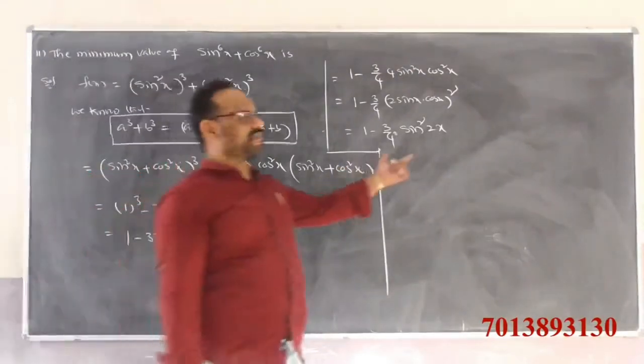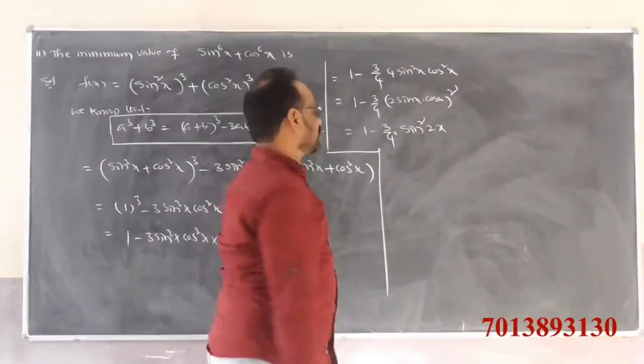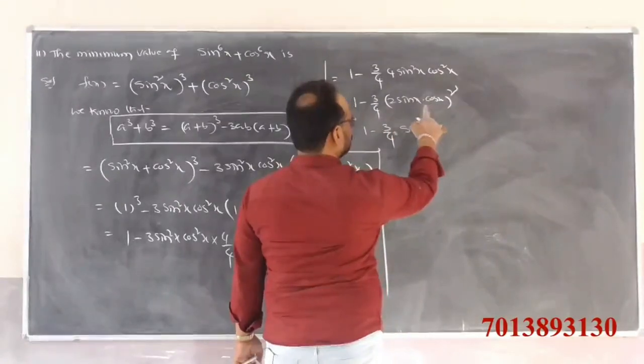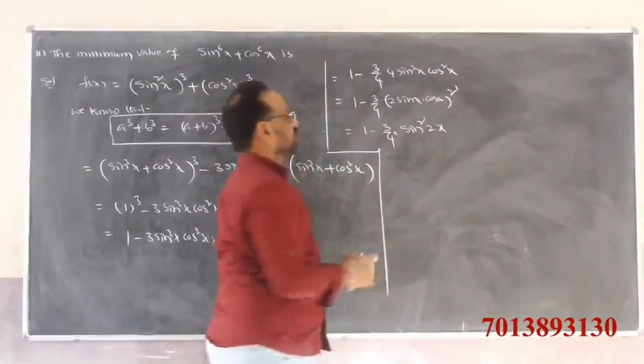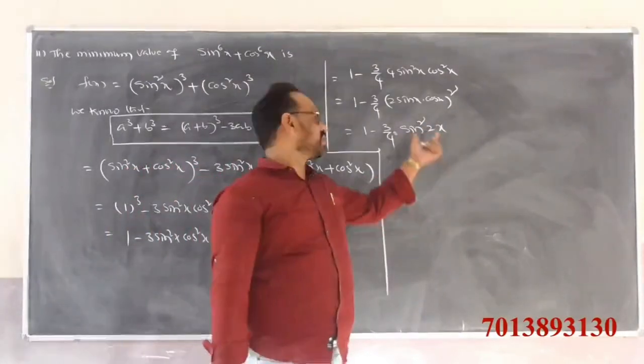We want the minimum value of sin power 6x plus cos power 6x. If you want the minimum value, the sin function should have its maximum, since 2 sin theta cos theta is sin 2 theta, so we get sin square 2x.